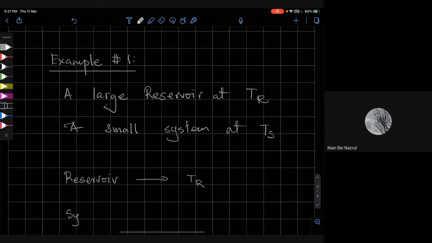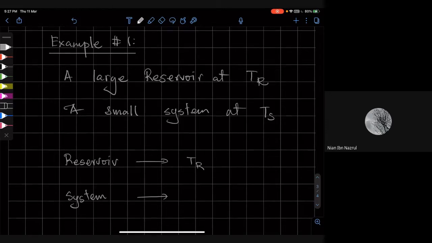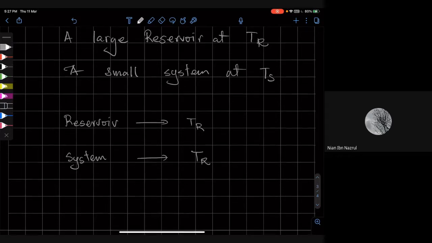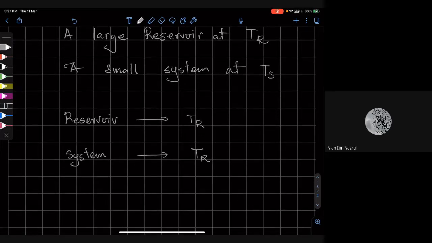But our system, when we bring them together, they will not be in equilibrium, but afterwards they will be in equilibrium. And the system will also end up at the temperature of the reservoir, right? So now the heat that is absorbed or given up by the system would be something like this.